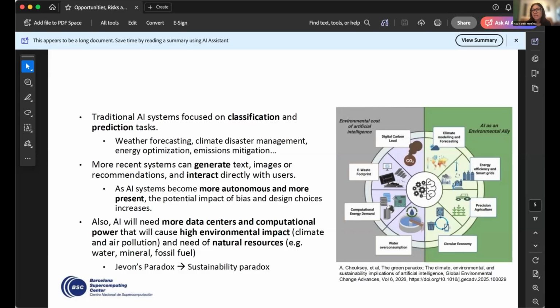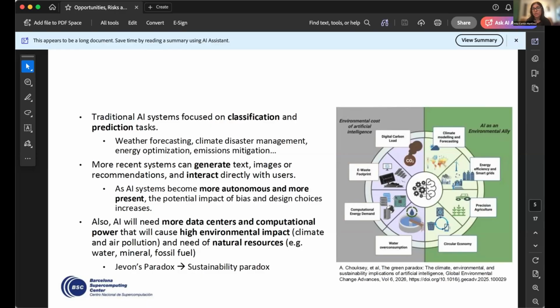So in this sense, it's true that AI can be seen as an environmental ally. It can have a lot of opportunities for climate modeling, forecasting, for smart grids, agriculture, etc. But on the other hand, there are also a lot of consequences on the environmental cost that AI is causing.